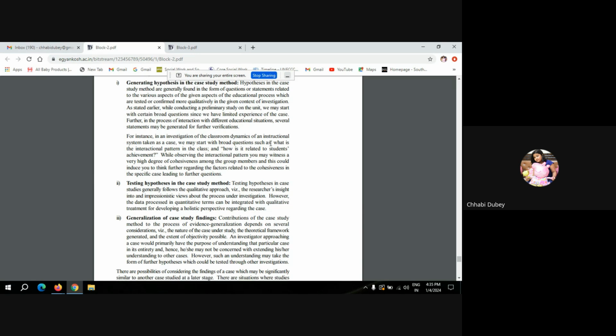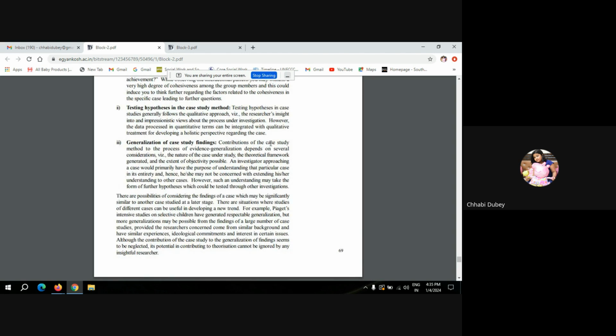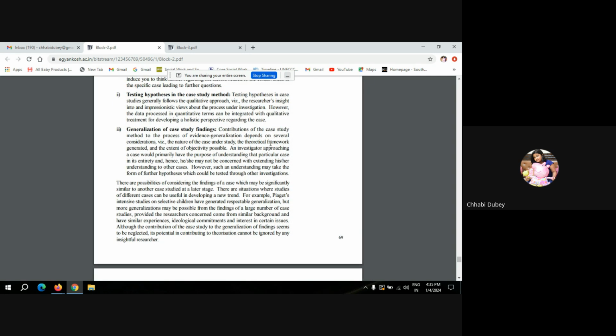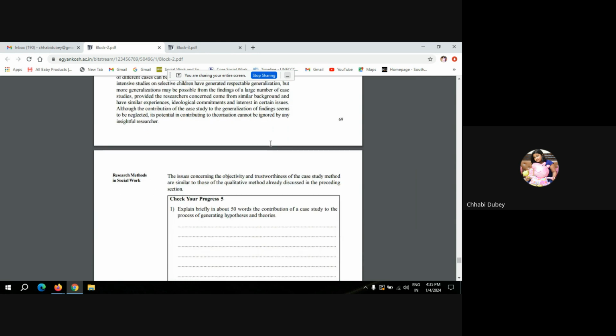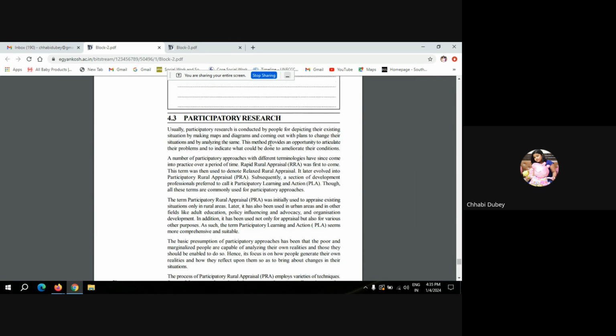All these characteristics make it very scientific, because you are generating a hypothesis in a case study method, you are testing the hypothesis, and you're also generalizing the case study findings. So all these steps make the case study method highly scientific in nature.